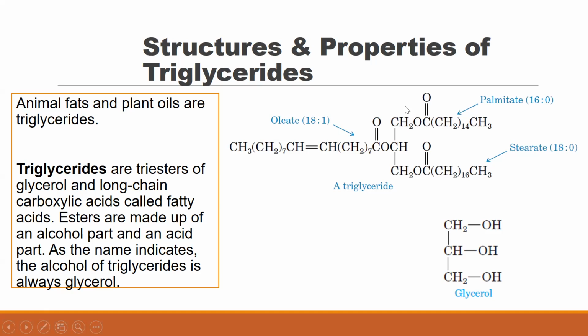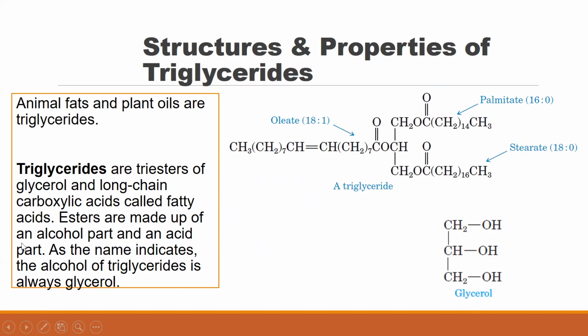So we call this a triester of the alcohol, the glycerol, and the carboxylic acids from the fatty acids that make up your triglyceride. If we do hydrolysis of this, we obtain our glycerol and the fatty acids we have already mentioned.